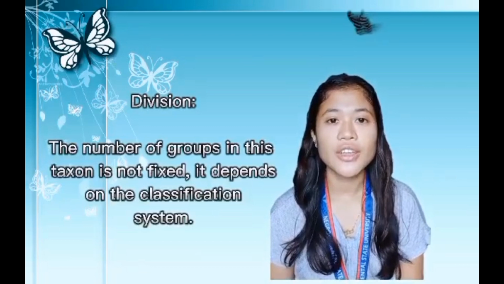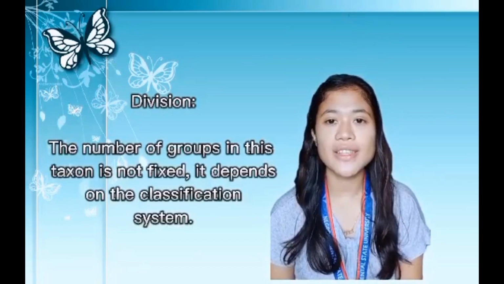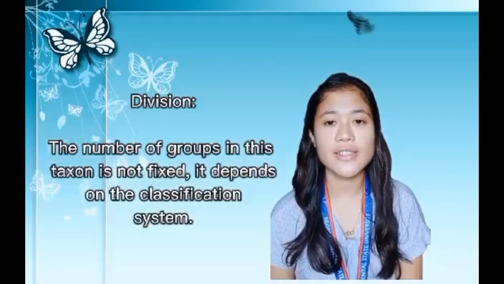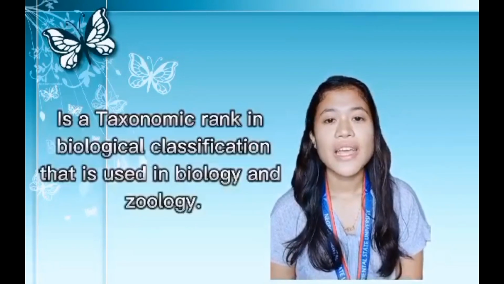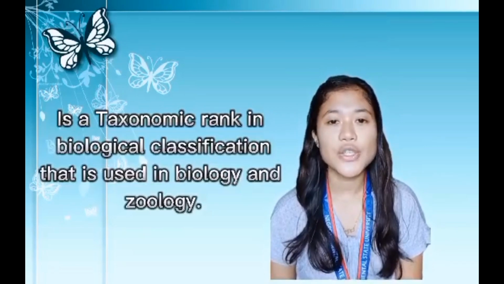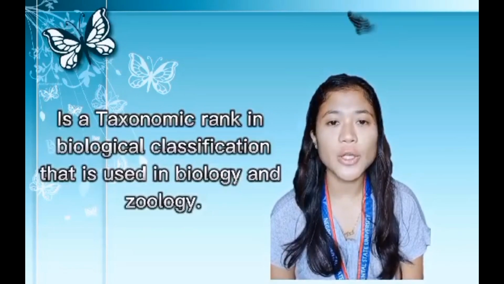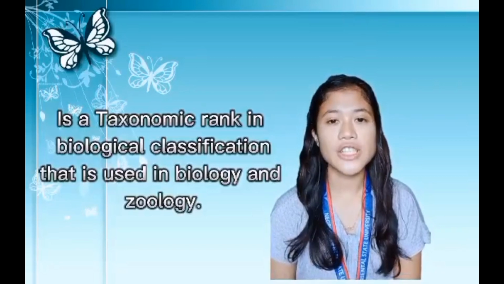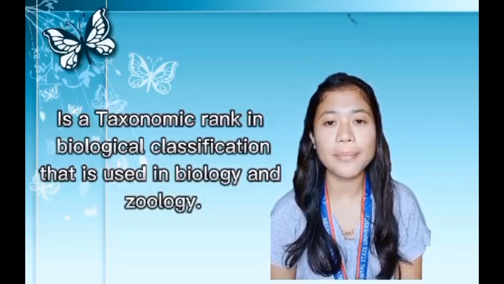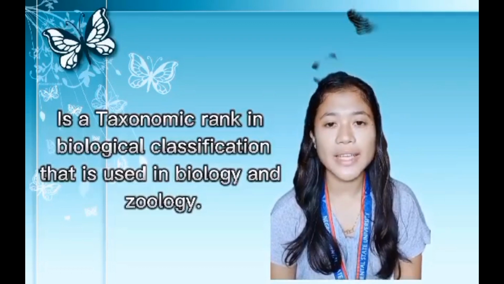The number of groups in this taxon is not fixed; it depends on the classification system. Division is a taxonomic rank in biological classification that is used differently in zoology and in botany. A division is the largest formal major grouping within plant taxonomy below kingdom.